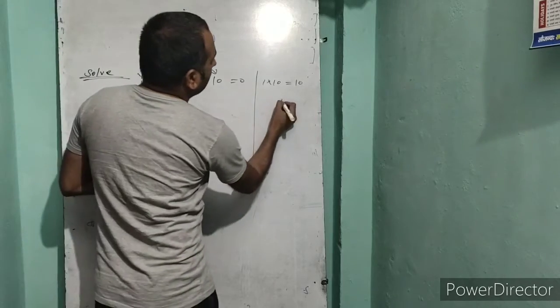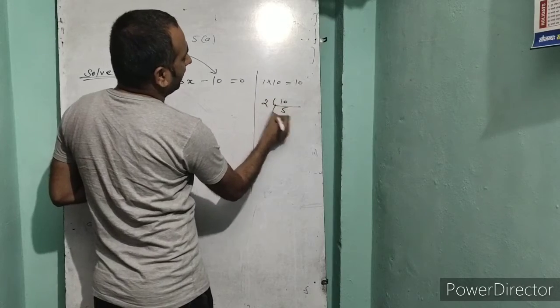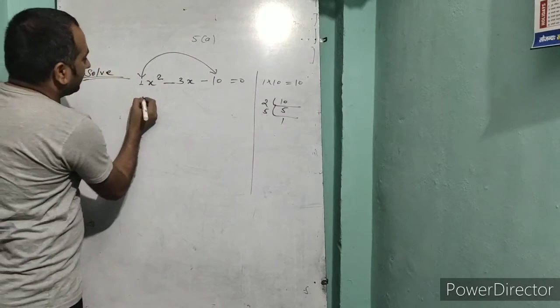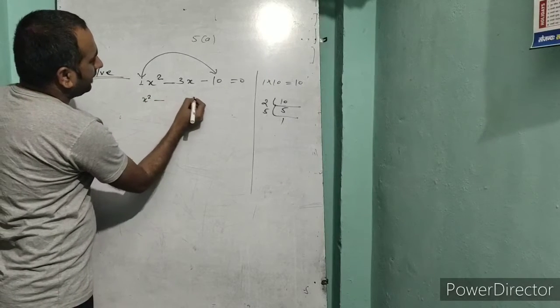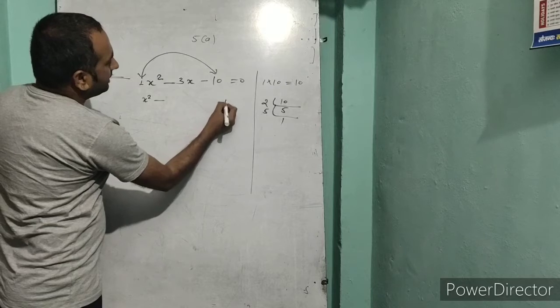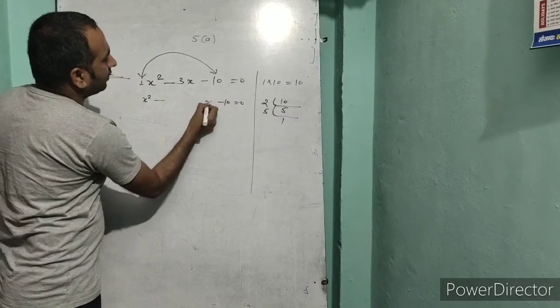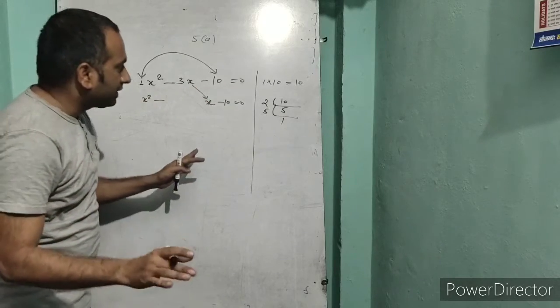Now you have to take the factors of 10. So 2 5s are 10, and 5 1s are 5. Now you will write the same as: 1 into x square, means x square minus 10 is equal to 0, and here you will write only the variable x, the same. Now listen very carefully.